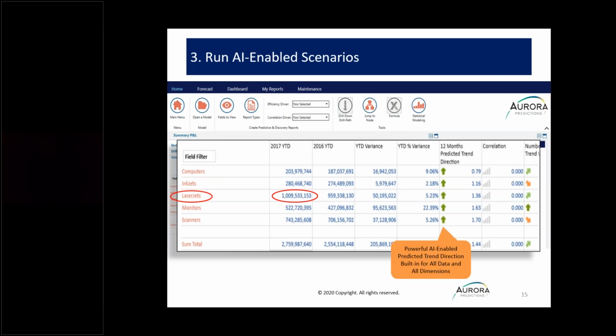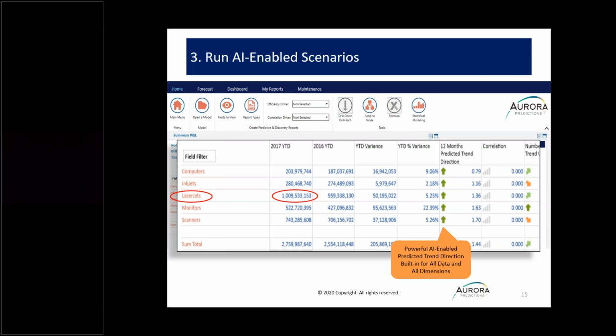Now, there's one more thing I'm going to point out. We're not going to explore it in our webcast today, but it's highly important in how businesses make decisions. So when you're doing COVID-19 planning and so on, and regular operations, this column here called the 12-month predicted trend direction is incredibly important. It's a piece of built-in analytics.